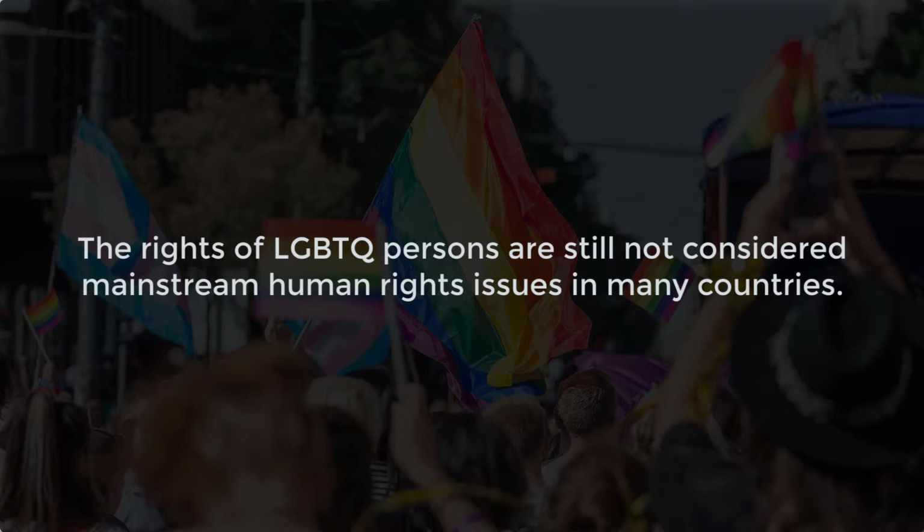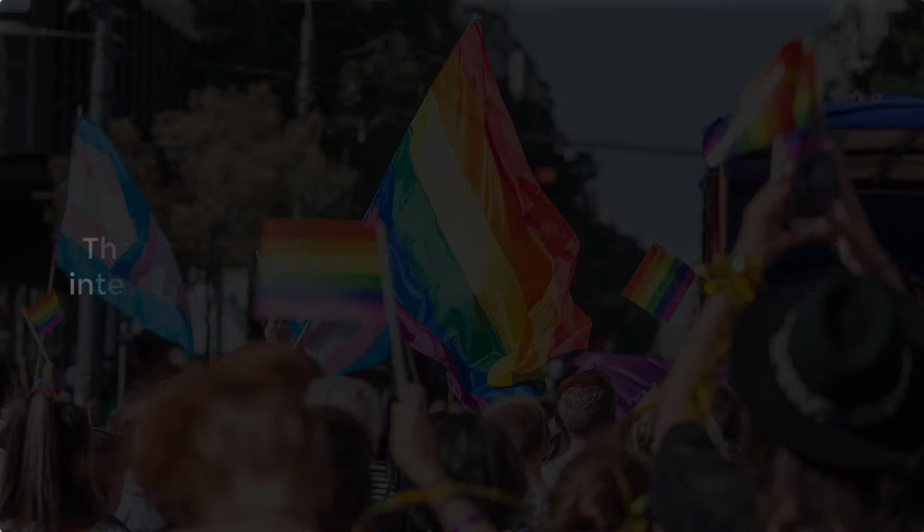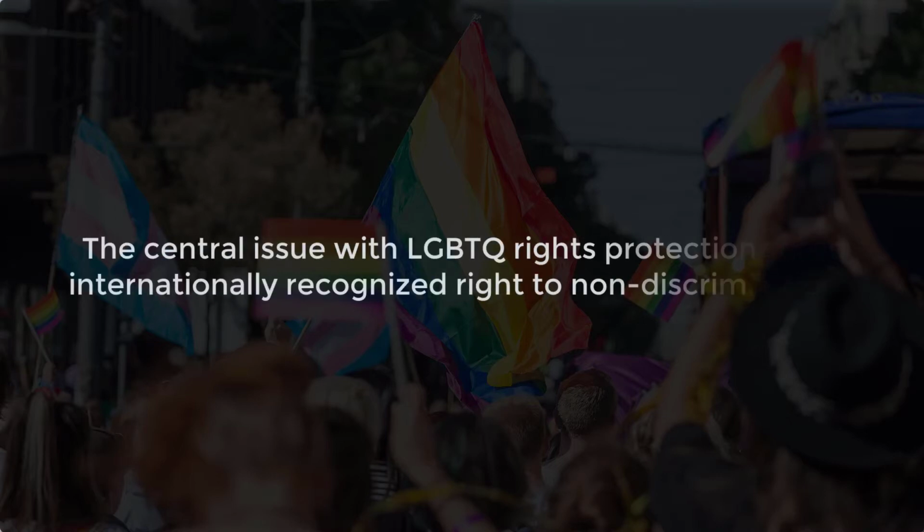Until recently, there were few international legal instruments and institutions that explicitly addressed human rights violations as they pertain to LGBTQ persons. As with other minority rights issues, the central issue with LGBTQ rights protection is the internationally recognized right to non-discrimination.